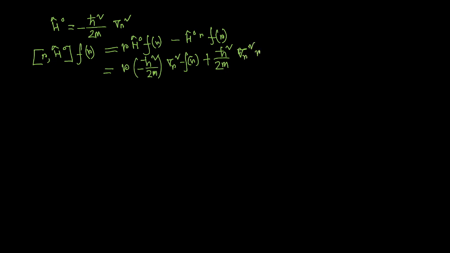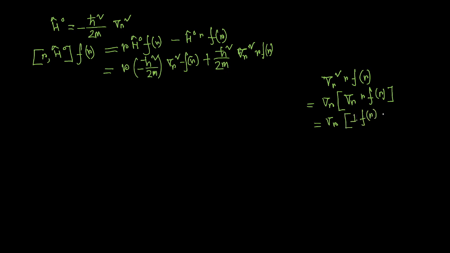r square fr. Now the expression of delta r square, r fr. We can write it as delta r of r fr, so it will become 1 into fr plus r delta r of fr.